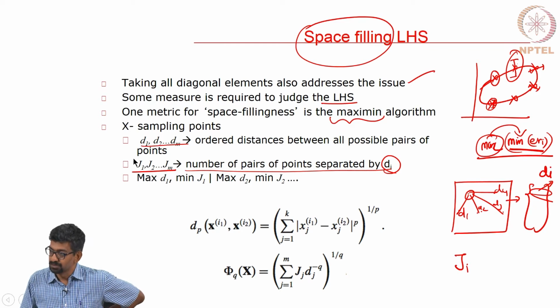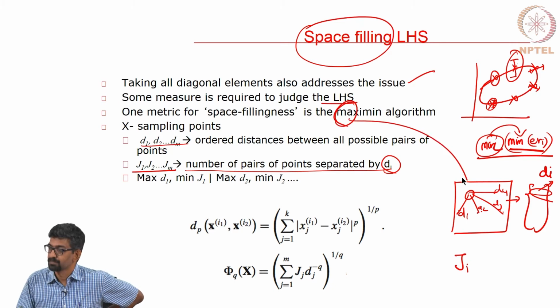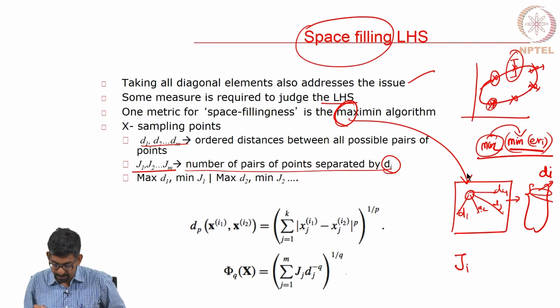So, what I want to do is I want to maximize this d. I want to put these points as far as possible, so that I explore the design space. I want to maximize D1 and minimize J1. Similarly, I want to maximize D2, minimize J2.